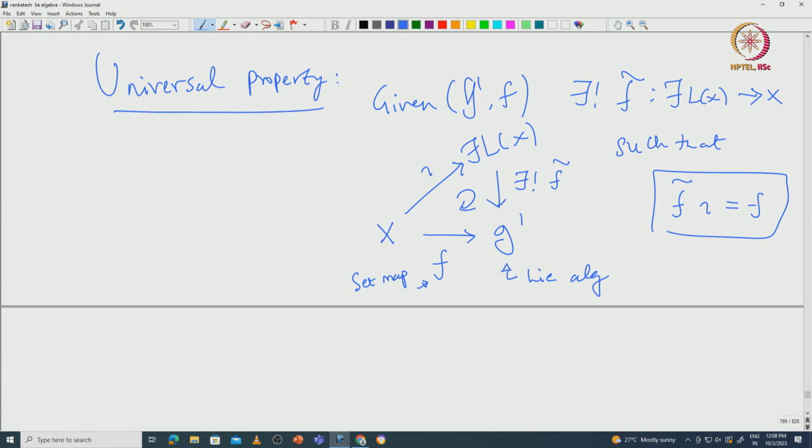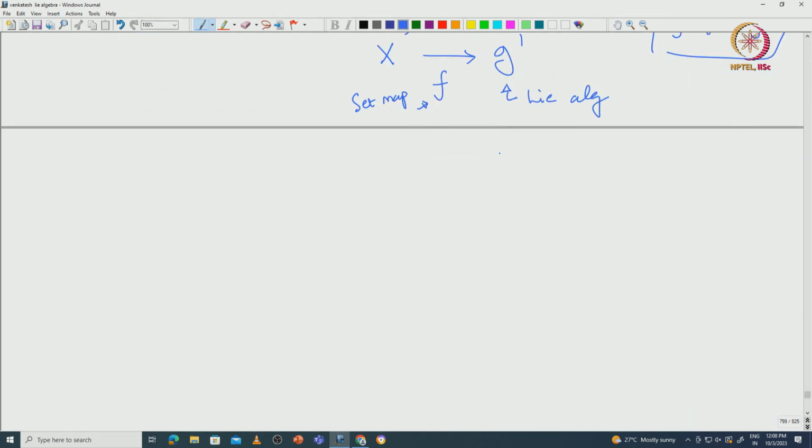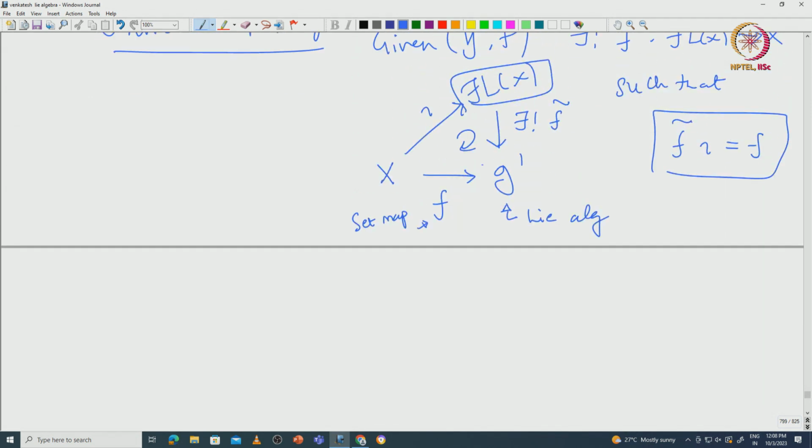If this property is satisfied, then you can call this FL of x the universal object, that is the free Lie algebra. So how do you construct it? Because g dash is first of all a linear structure, it is a vector space.